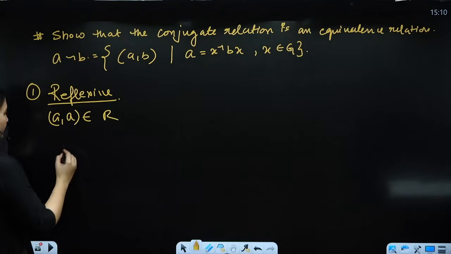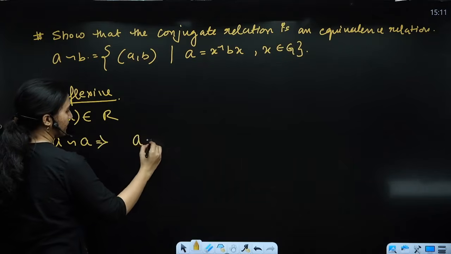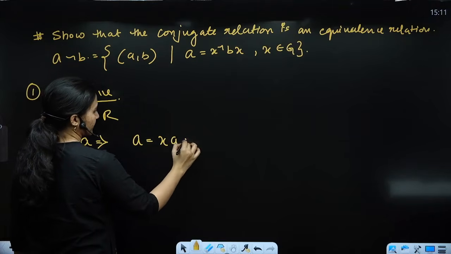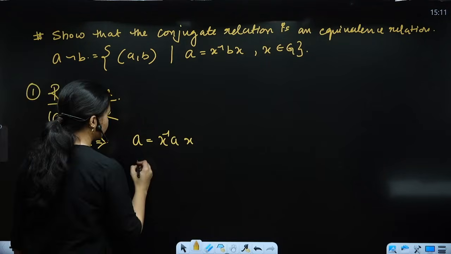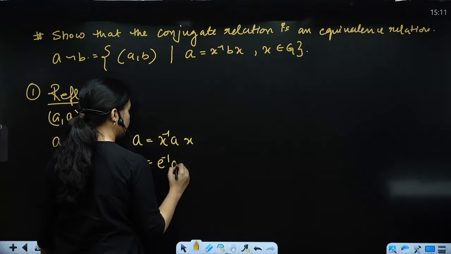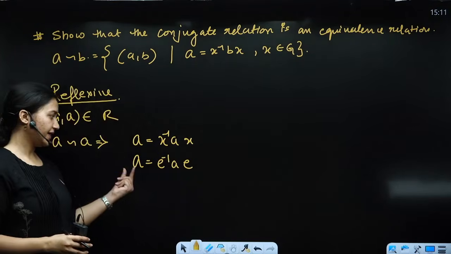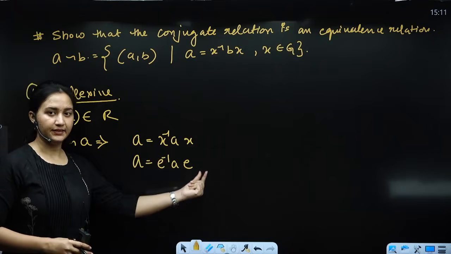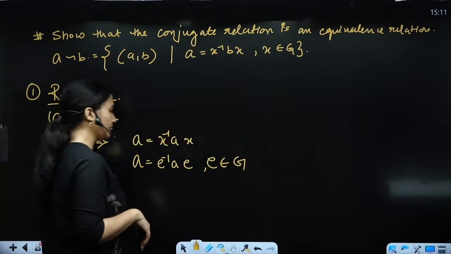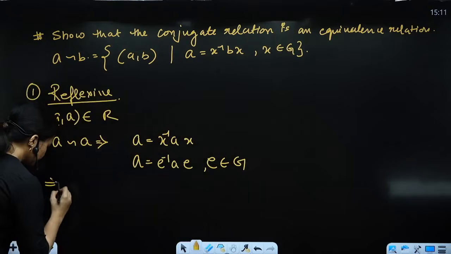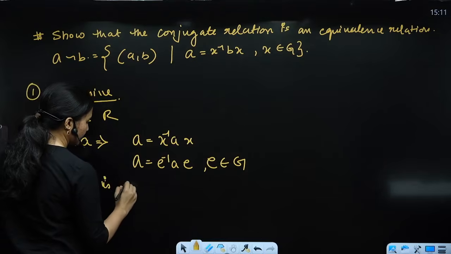Now a related to a implies that a equals x a x inverse, or x inverse a x, right? I can write this simply as a equals e inverse a e, right? So there does exist an element for which a is equal to e inverse a e, and e belongs to G, right? So this implies that a congruent to a is reflexive, right?